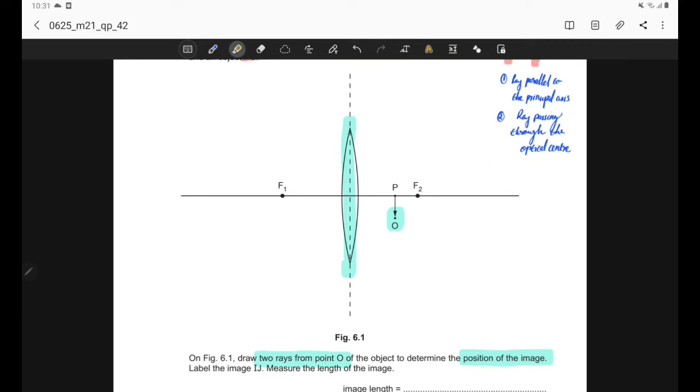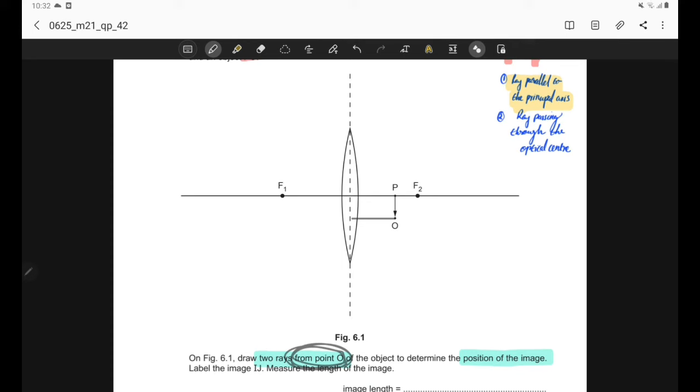So first we can draw a ray which is parallel to the principal axis. What will happen when it is passing through the lens? You should take a ruler and a pencil in order to draw this. So from point O we draw the ray, as mentioned in the question. We start with the ray which is parallel to the principal axis, starting from O. It should be a straight, parallel ray.